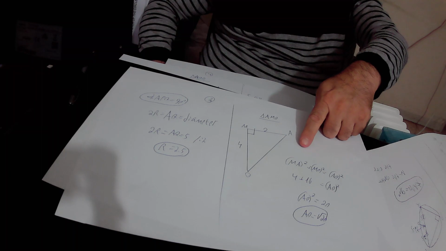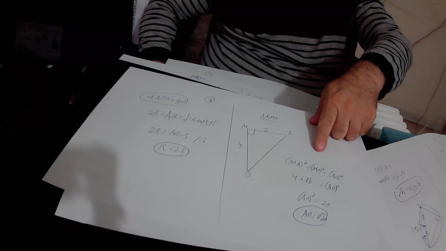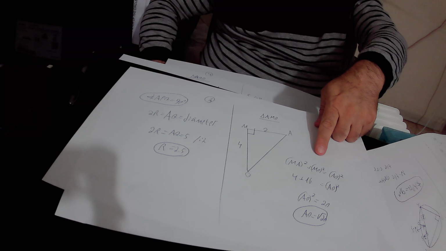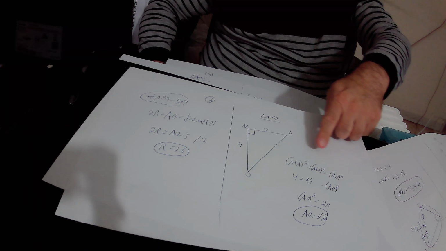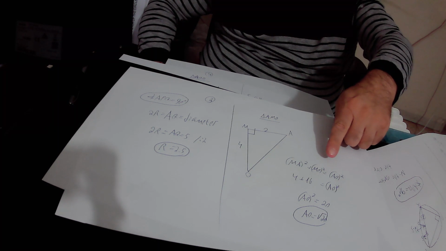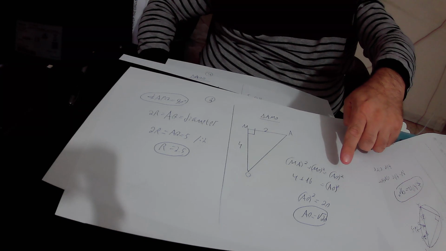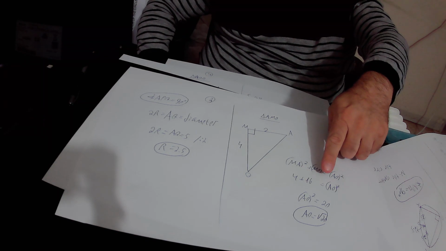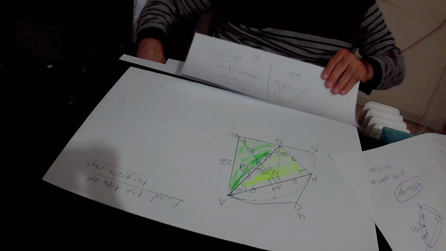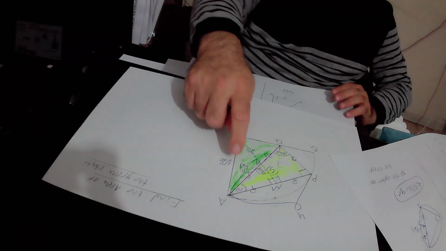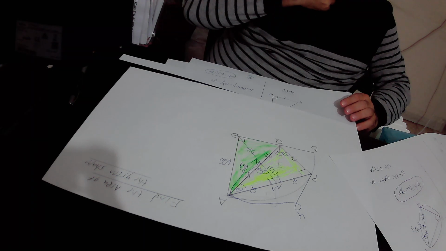AM is 2, therefore AM square is 4. OM is 4, therefore OM square is 16, equals AO square. 4 plus 16 is 20, so 20 equals AO square. We took the root of this equation and found that AO equals square root of 20 units.